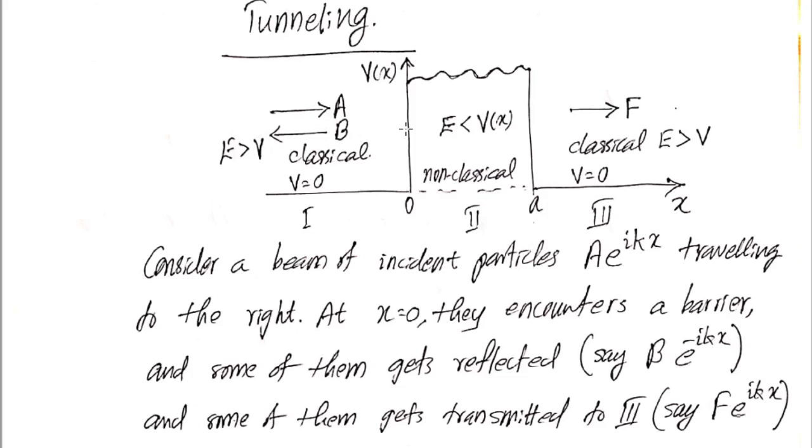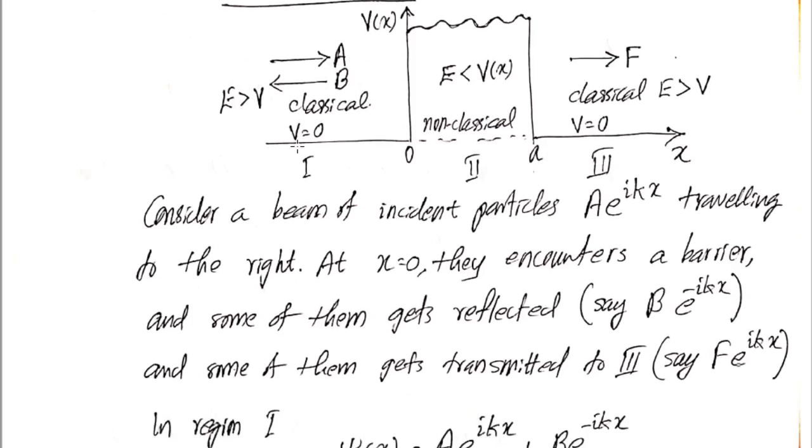Classical mechanics says that the particle should be returned to the same region because the energy of the particle is less than the potential energy. But quantum mechanics says that there is a small but definite probability of tunneling through the barrier. So a portion of the particles will be transmitted through the non-classical region and reach the third region. Those are called transmitted particles. Another part will be reflected back into the same region 1. So they are called reflected particles.